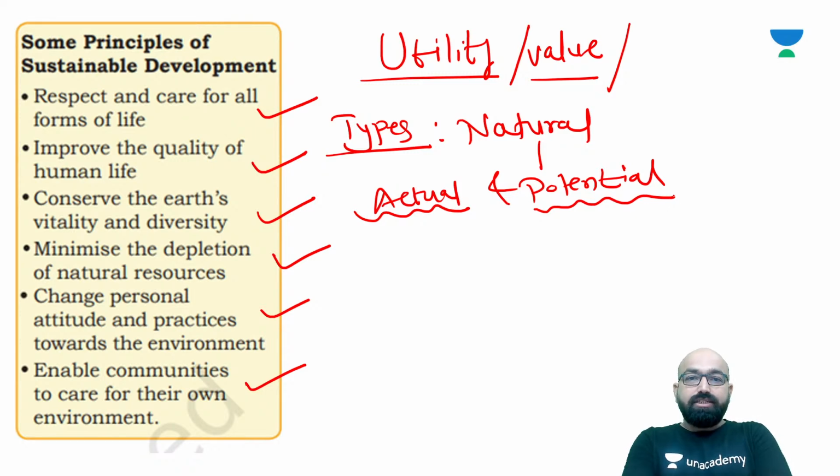Then we have discussed human-made resources, human resources, and then conserving resources. So resource conservation and sustainable development we have discussed. And then friends, we have discussed some principles of sustainable development.